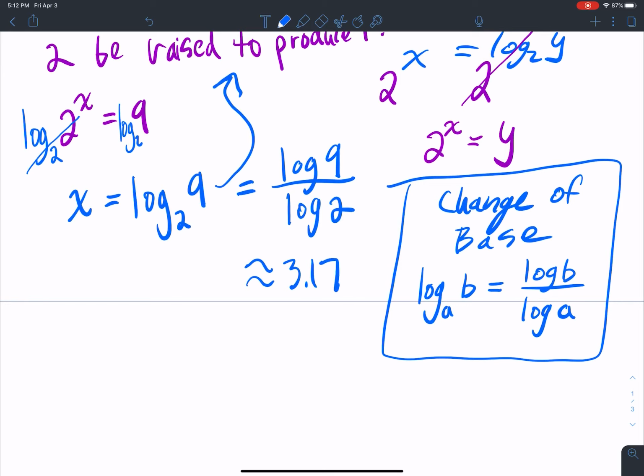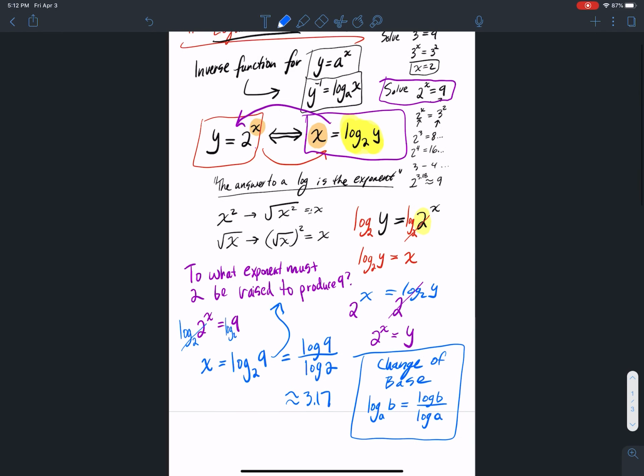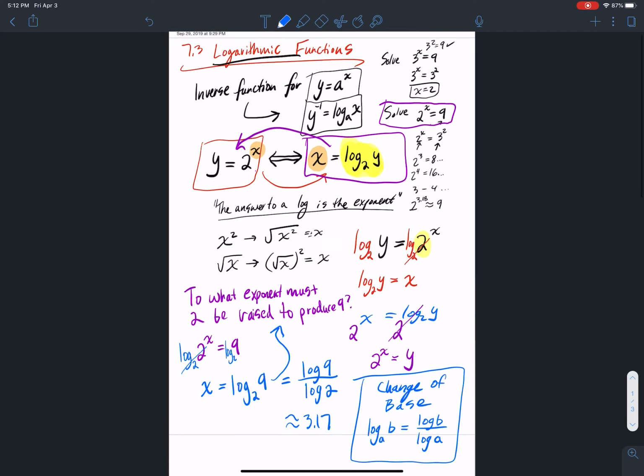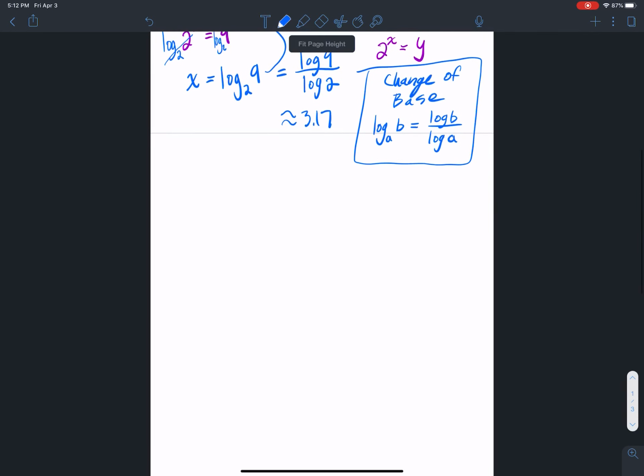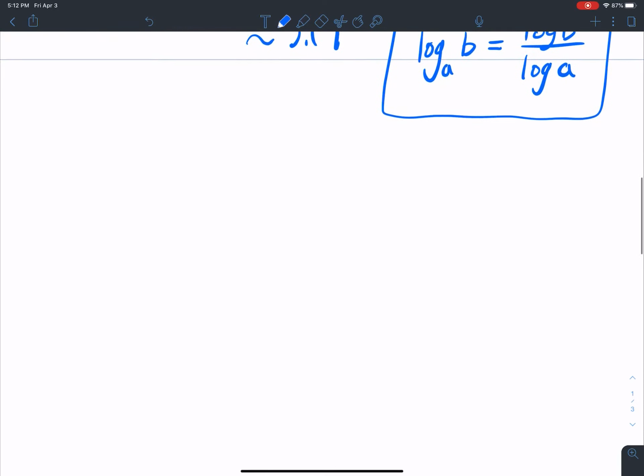Now, what I want to do is show you how to write equations in logarithmic terms. And so we're going to do that now that we've done an introduction into logarithmic functions. We're going to work through writing in logarithmic terms.